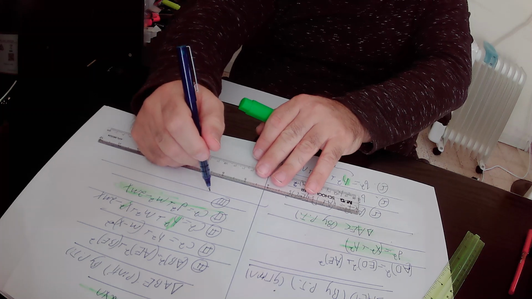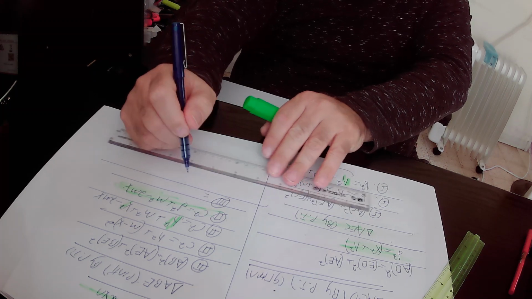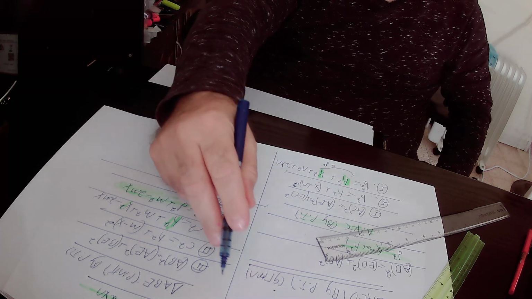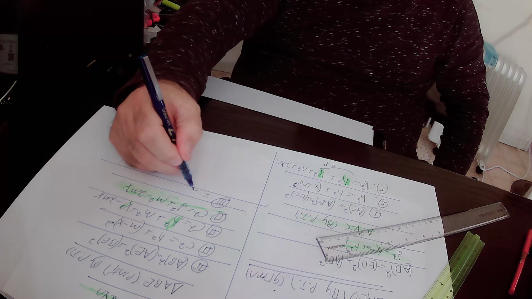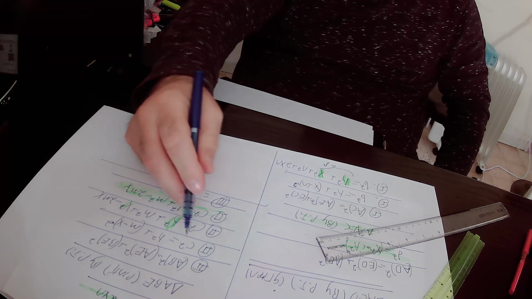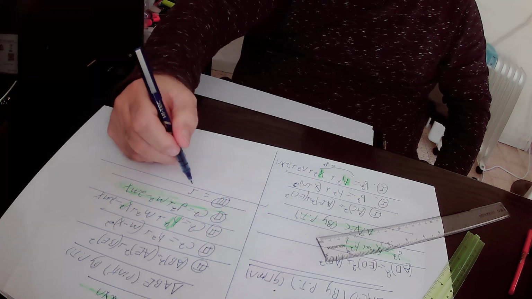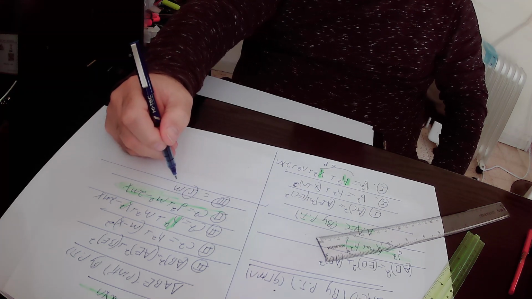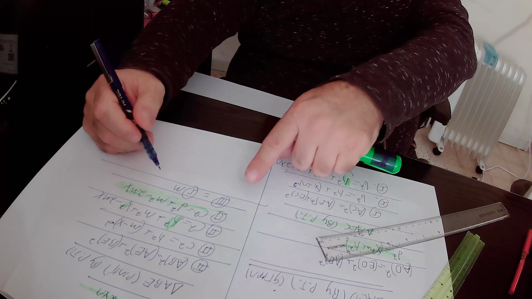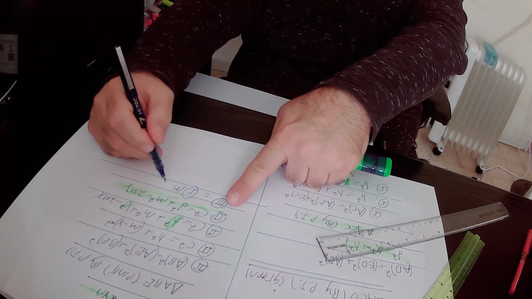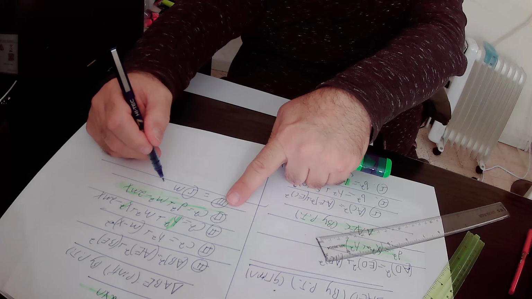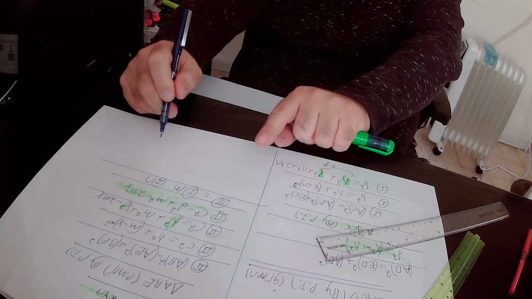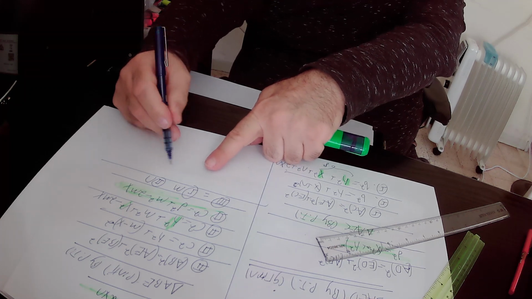Equation number 3 is the multiplication of equation number 1 by m, the multiplication of equation number 2 by n, so it is equation number 2 times n, and then we will add the two equations with each other.